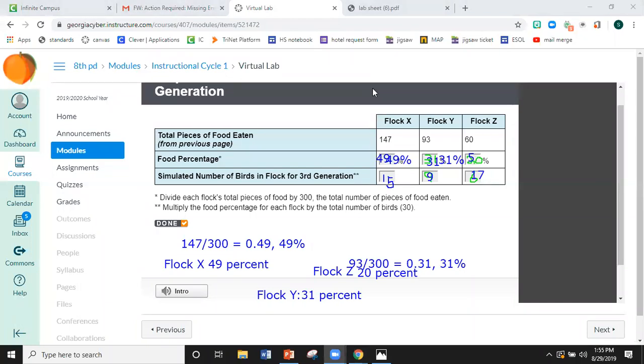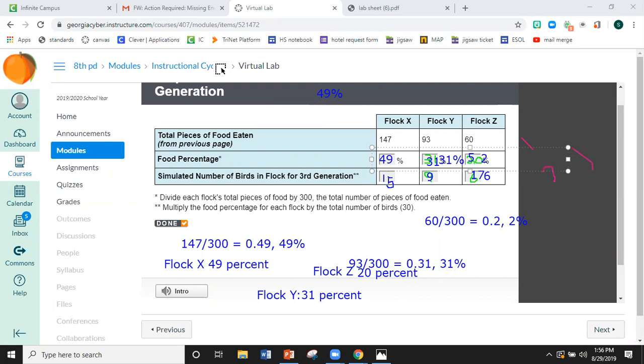All right, so for the percentages, when you divided 147 by the 300, you should have gotten 49%, which is what it looks like you guys did. I'll move that extra one just because it's easier to read: 49%.